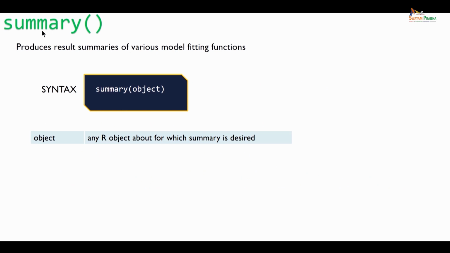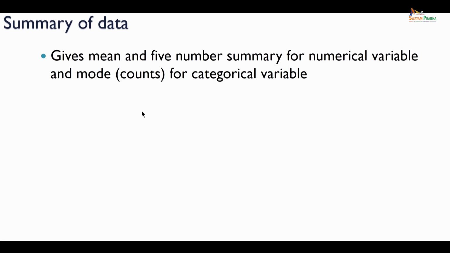Summary is the function and it gives you the summaries of various model fitting functions. The input is an object, but in our case the input is actually a data frame. Let us see what the summary gives you. It gives you the mean and the 5 number summary for a numerical variable, and the mode or counts for a categorical variable.